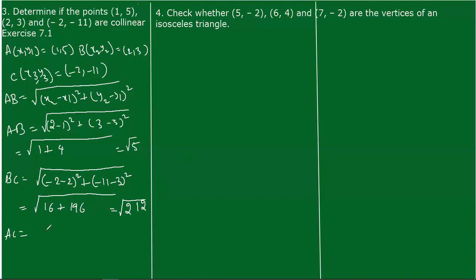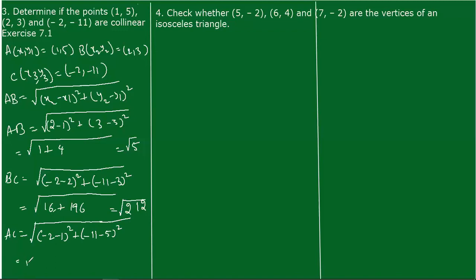Let's find AC now. The A point is 1 comma 5 and the C point is minus 2 comma minus 11. Applying the formula directly: minus 2 minus 1 whole square and minus 11 minus 5 whole square.